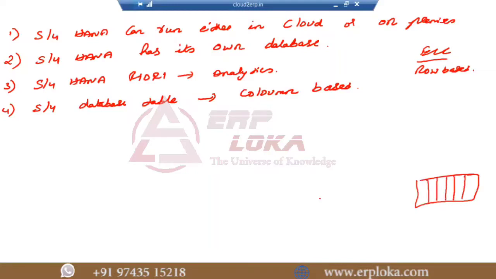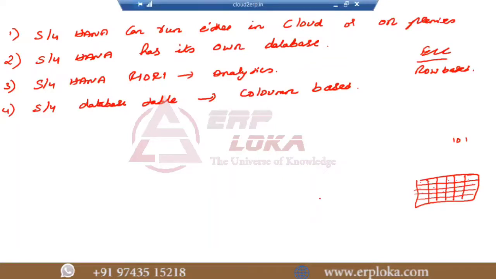This is your header and this is your data. Whenever you search for information in SAP, the system used to search first in the row based way. If you want to search a material number called 101, it will start from here, then here, then this.